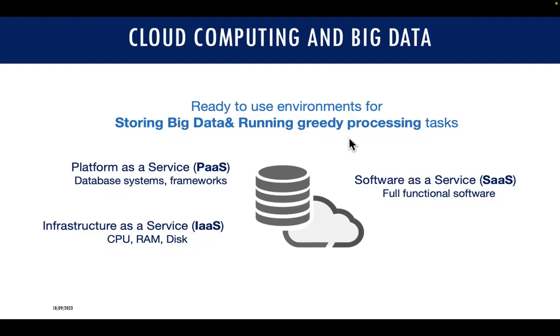Now, the cloud has a reference architecture, and the reference architecture is a layered one, okay? The unit of access to the cloud is called a service. We are going to access services provided by the cloud, and the services belong to one of three general layers.